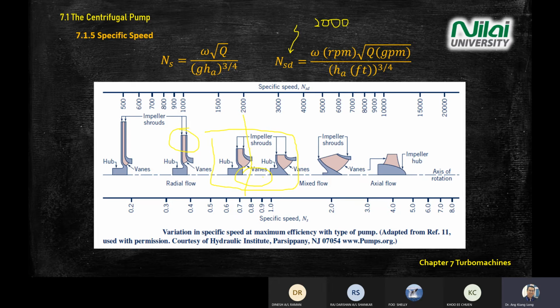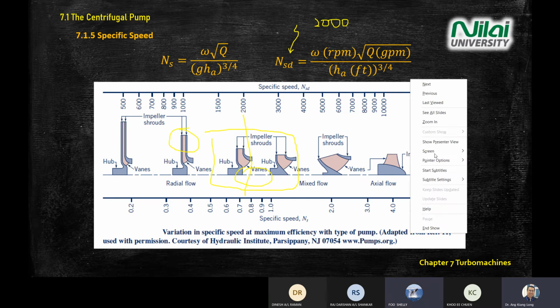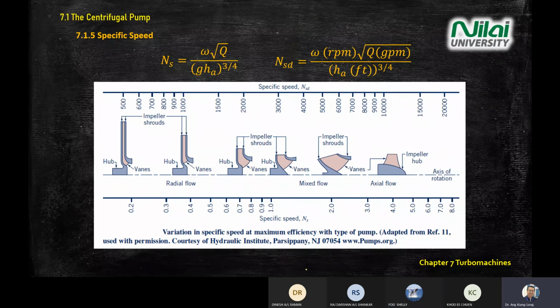So you just read from this diagram, and then you choose from the supplier the type of pump that you use. Surely you understand, right? Yes, sir.